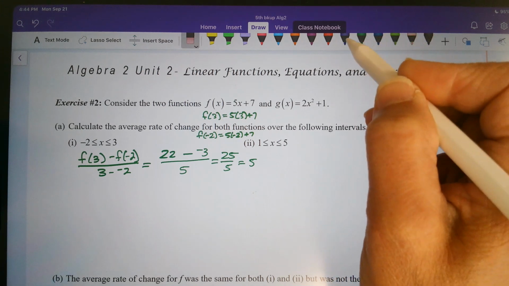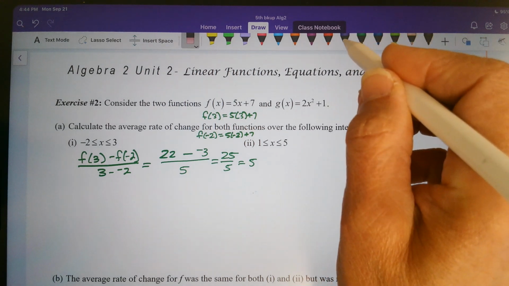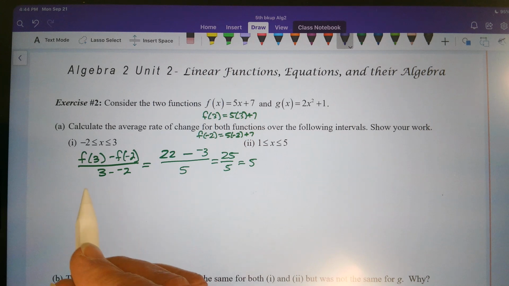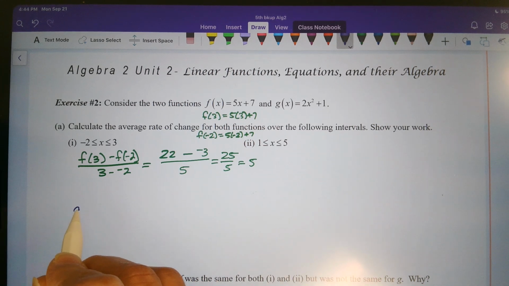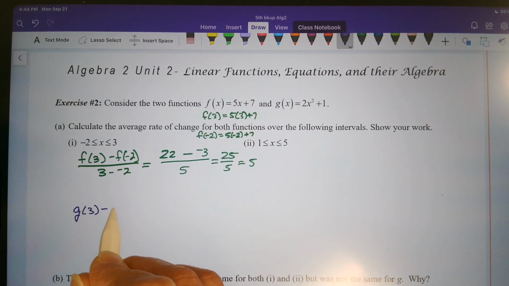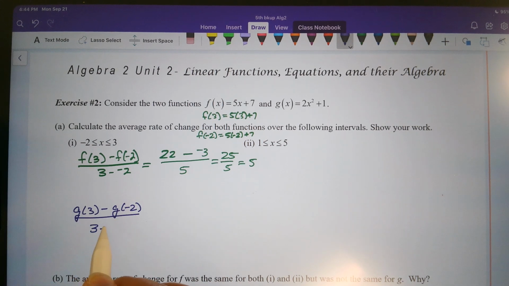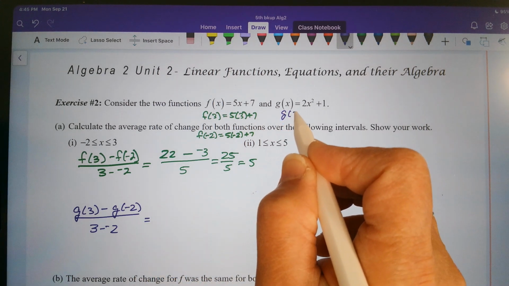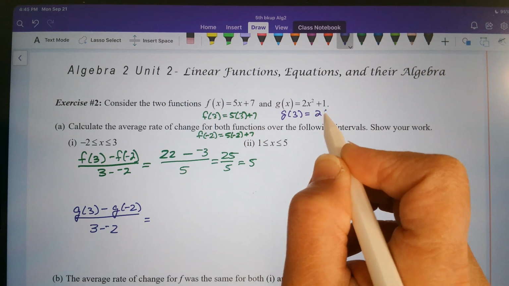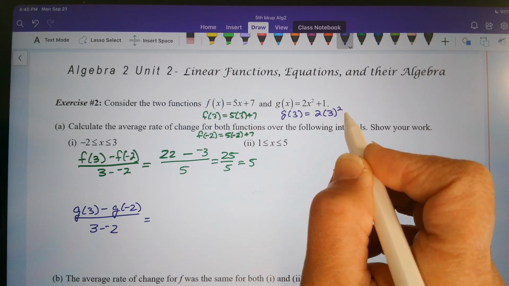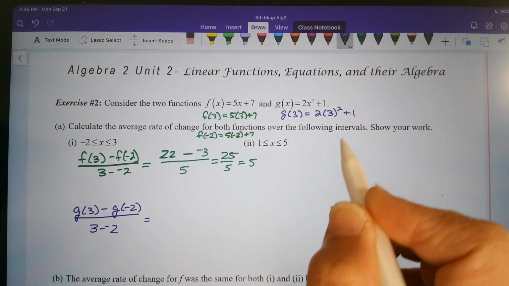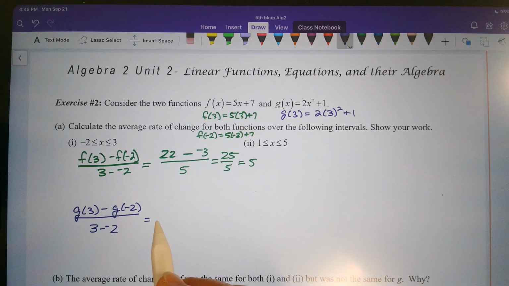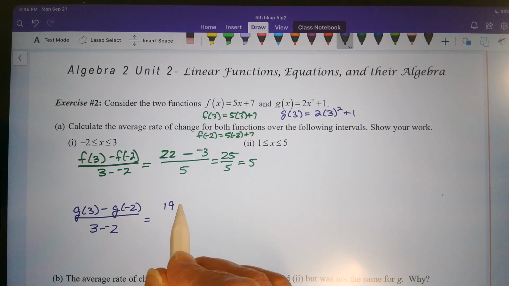I'll use a different color for our g of x. So now I want g of 3 minus g of -2 divided by 3 minus -2. G of 3 is 2 times 3 squared. 3 squared is 9, times 2 is 18, plus 1 is 19.